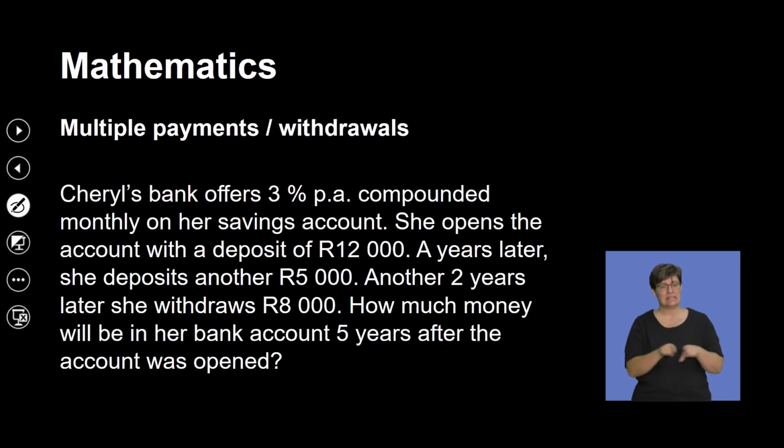Now we have what we also call multiple payments and withdrawals. Here we have Cheryl, who has a bank that offers her 3% per annum compounded monthly on her savings account.